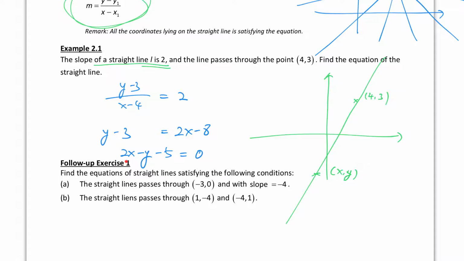We write down x first, then y, and the last term is the constant, equal to 0. Your answer can be in this form or slope-intercept form, which I will introduce later. So you may try the follow-back side 1. Remember, when you do it, pause the video and try it. I will present the answer to you later.